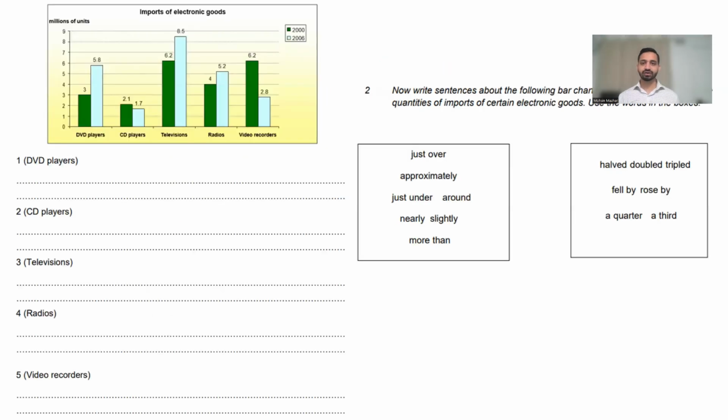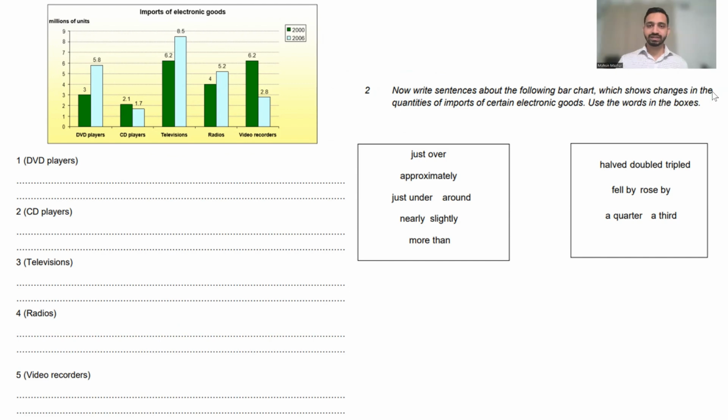All right, let's do this activity. In this activity, we are going to write sentences about the following bar charts. On the left-hand side, you can see the bar chart, which shows changes in the quantities of imports of certain electronic goods. Use the words in the boxes.